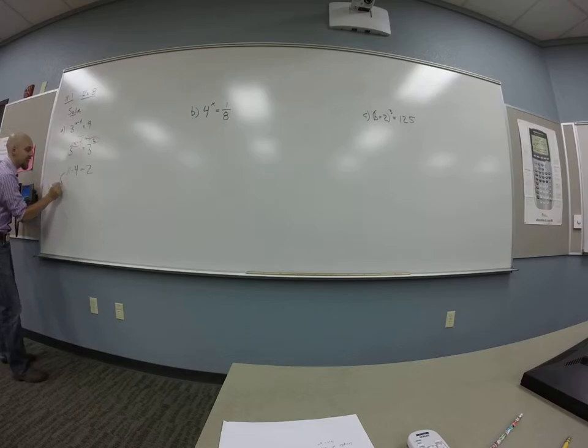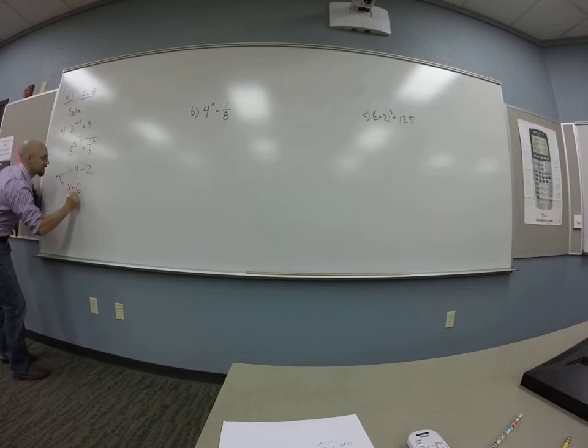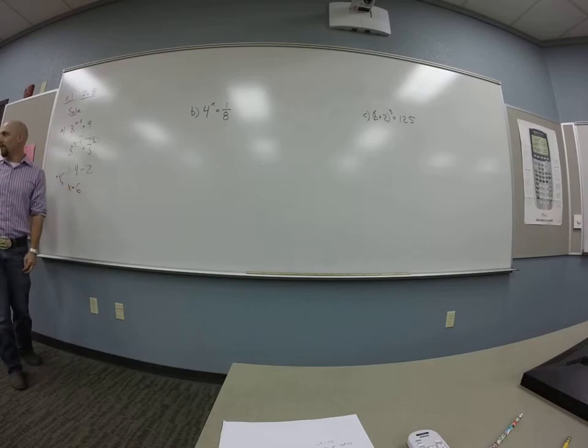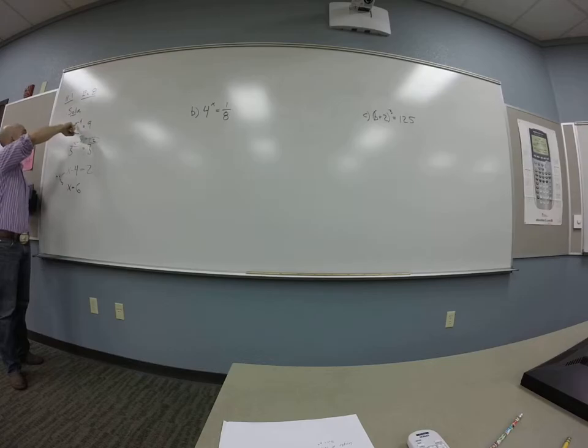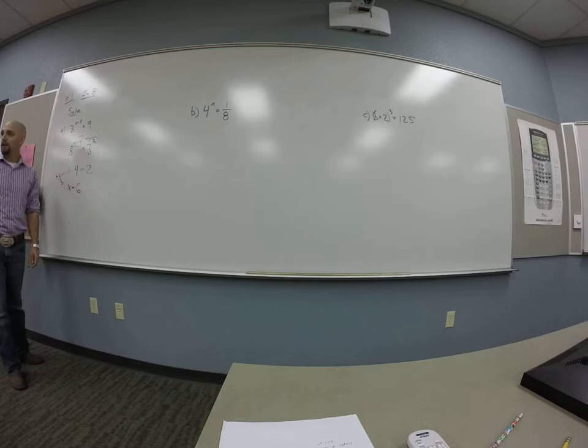So that's add 4 to both sides. Get x is 6. And then I should check to make sure that makes sense. If I put in 6 up here, I've got 3 to the 6 minus 4. That's 3 to the 2, which is 9.